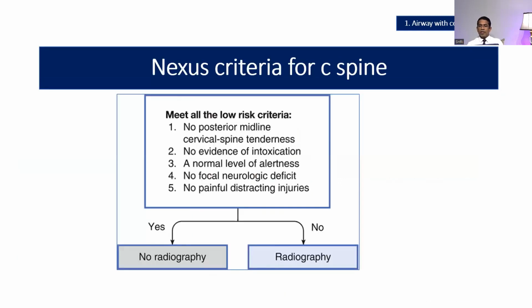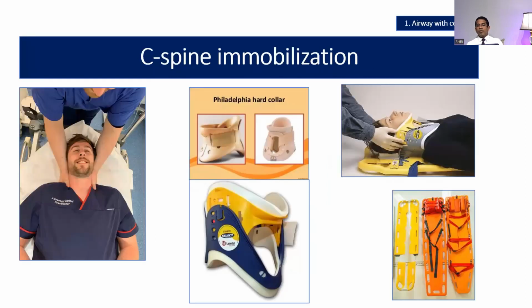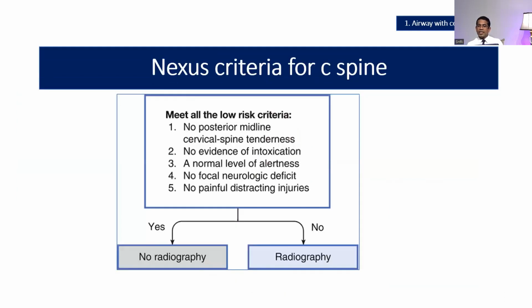Okay, fine. How do you identify whether the patient has a cervical spine injury? There are criteria. The simplest is the NEXUS criteria, which you can apply to a patient who is coming with trauma. There are 5 things. One, whether the patient has an altered level of consciousness.